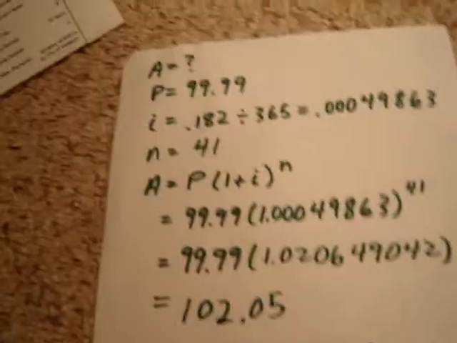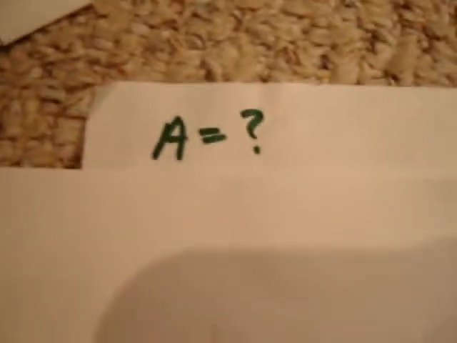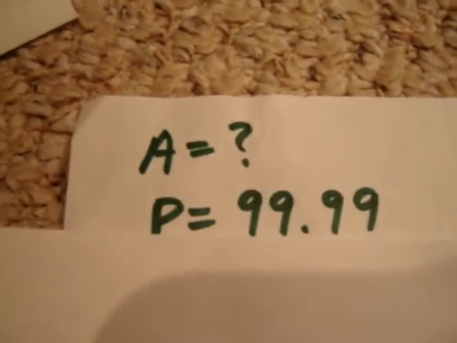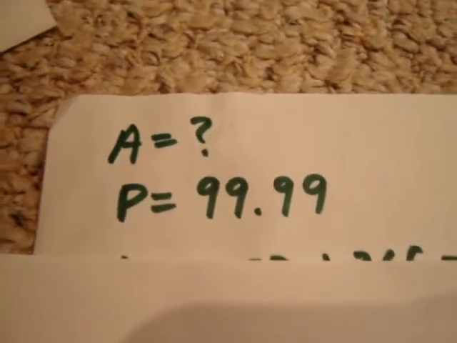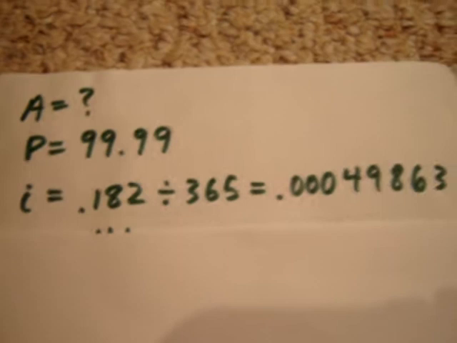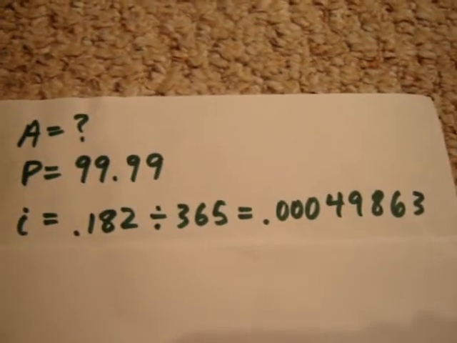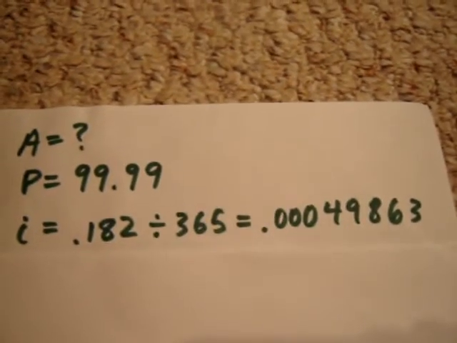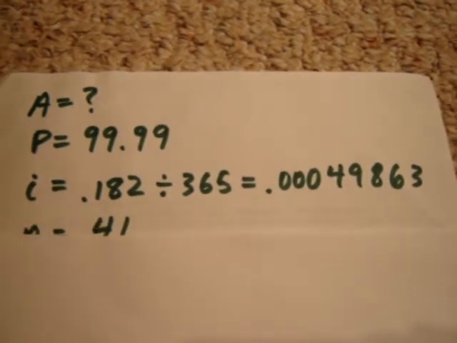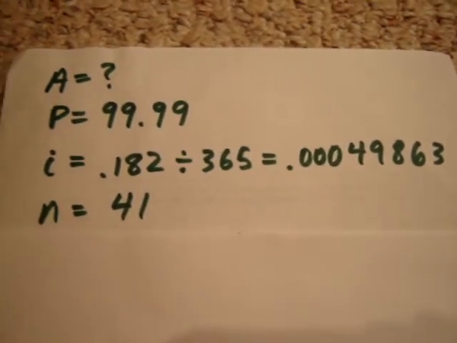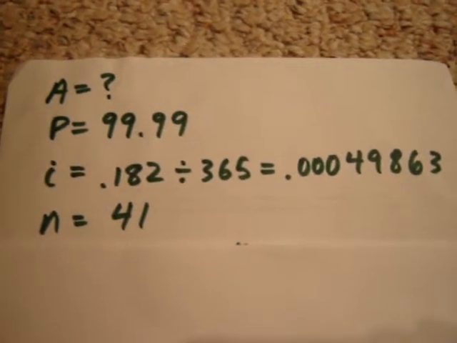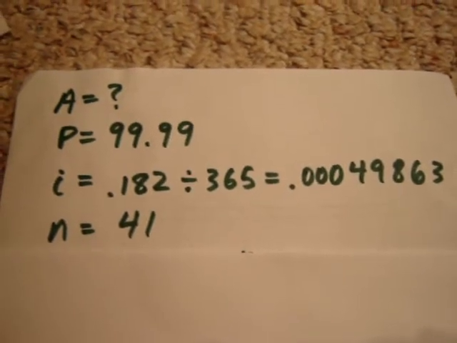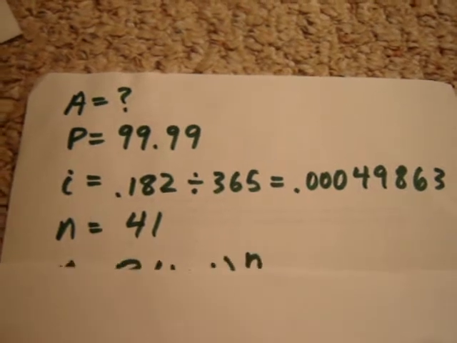Okay, now we do another compound interest question. His final amount is unknown. His purchase amount was 99.99. His little letter i is 0.182 divided by 365, which is 0.000498863. And the exponent will be 41. When we're doing daily compounding, the exponent is the number of days.